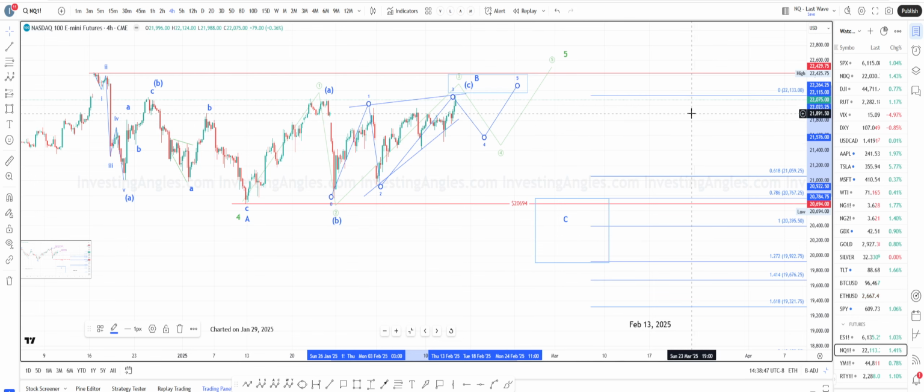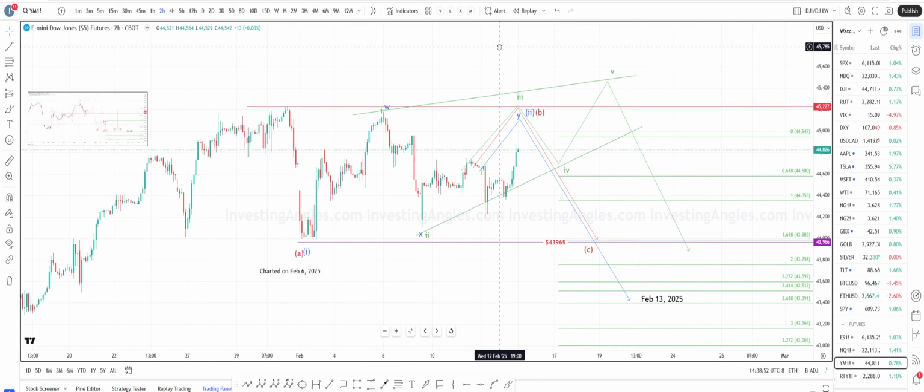And now let's have a look at the Dow Jones. This chart we have been tracking for a couple of days. So far, a very similar formation is being developed. Again, the very first wave of the bottom at the beginning of February is not impulsive.